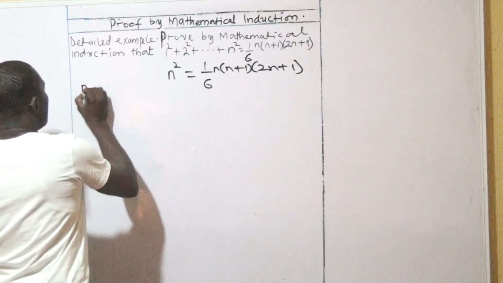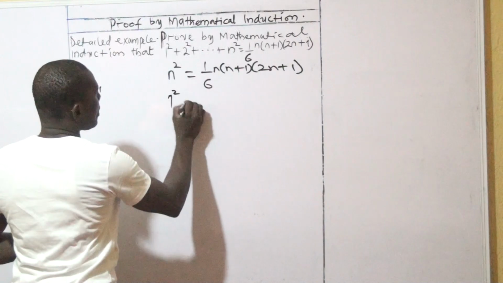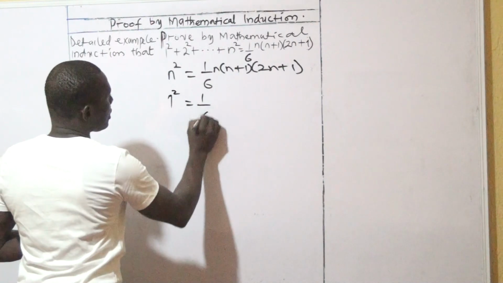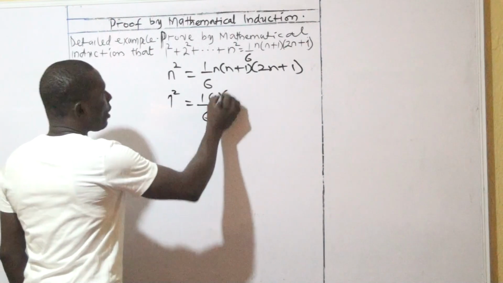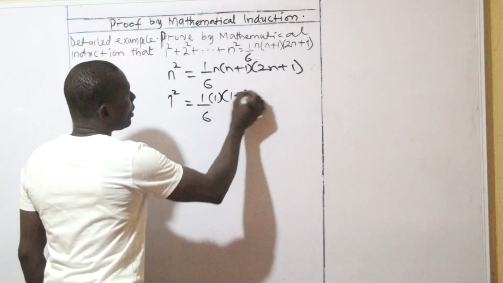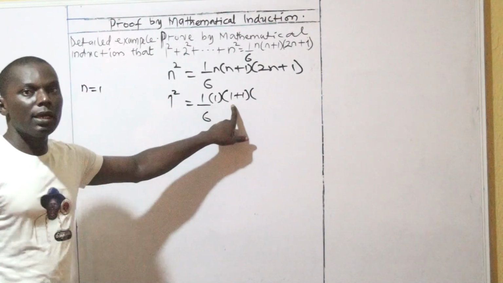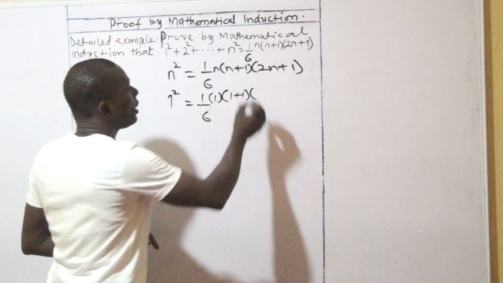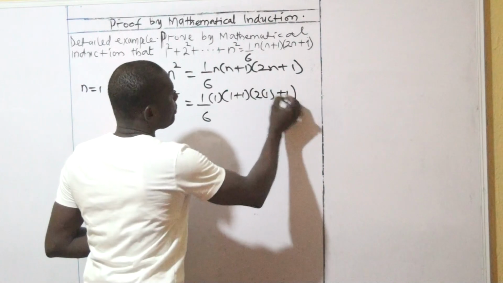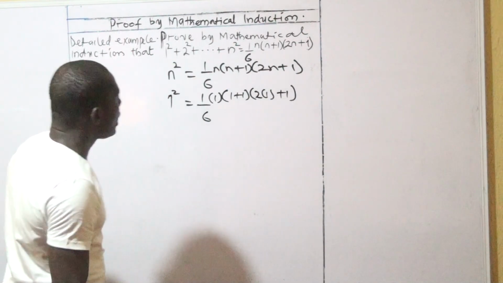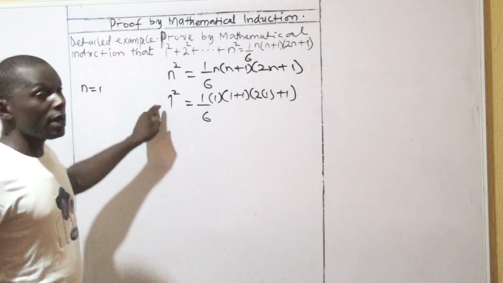So we see n equals 1 here. Here, 1 squared. Here we have 1/6. This is 1, we have an open bracket 1 plus 1. In place of n, I substituted 1, or I've assumed that n is equal to 1. Here we have 2 times n plus 1. So on the left hand side, we can see that 1 squared is 1.